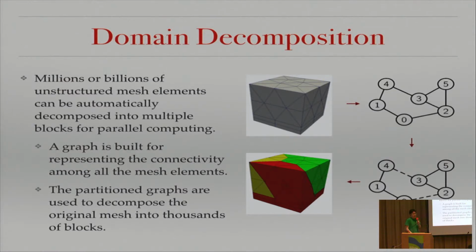There are existing packages, very good packages. We just partition the graph, then turn it back into multiple blocks. Then we can just put them on different nodes and do computing. And the ghost cells can also act as the interface between all those blocks. So that's one of the foundations of SOLVCON.